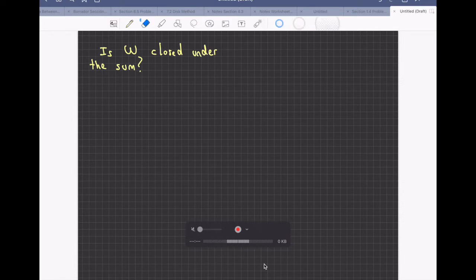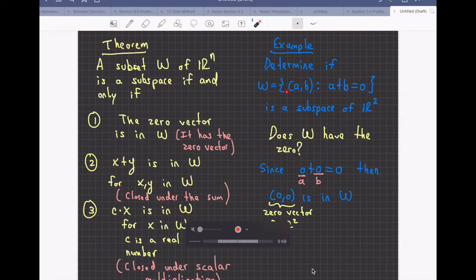We have to take two elements from W. So I'm going to choose two elements from W. Suppose A1, A2, and B1, B2 are both in W. Yeah, we take two elements from W, and remember W is the elements A, B such that their sum is equal to 0.